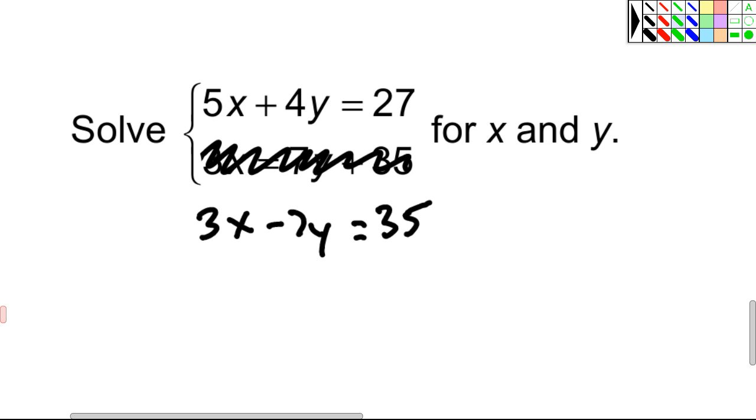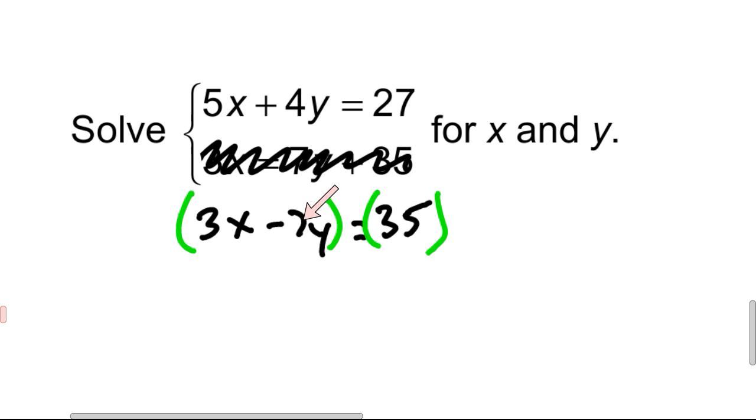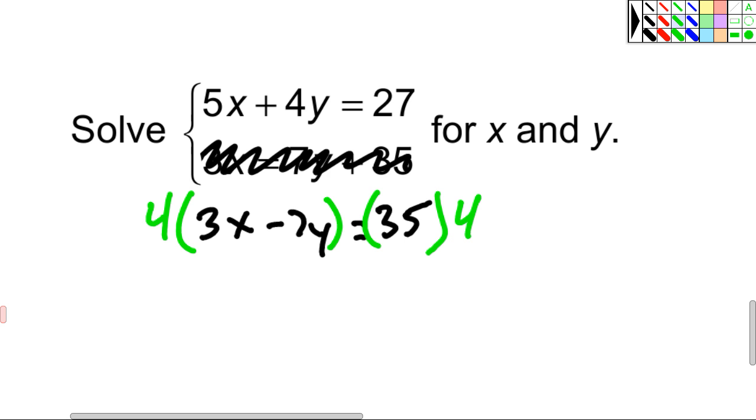So, what do I got to multiply this equation by to make this into a 28? Well, it's a 4. So I got to do it to both sides. And then I look at this other equation up here. What do I have to multiply this 4y by in order to make it 28? Well, I need a 7.